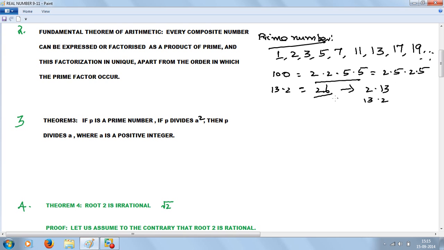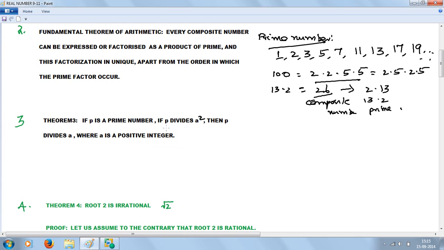So this 26 is a composite, and these two are prime numbers. Every composite number can be factorized as a product of primes, and this factorization is unique.